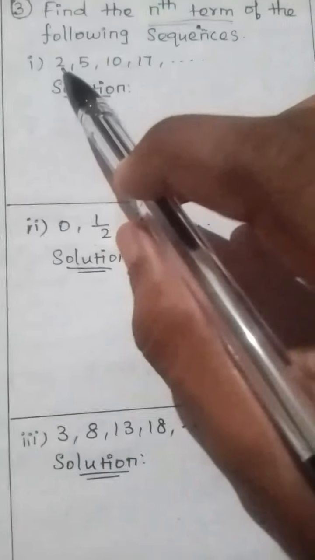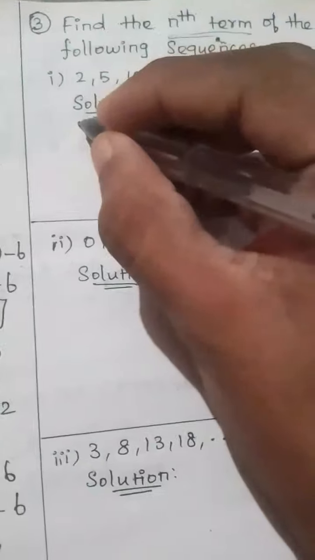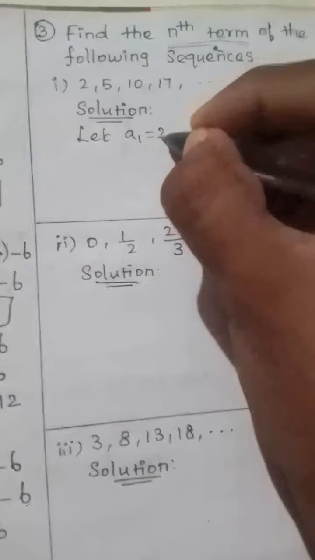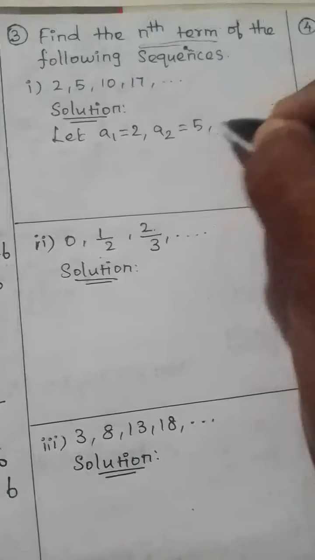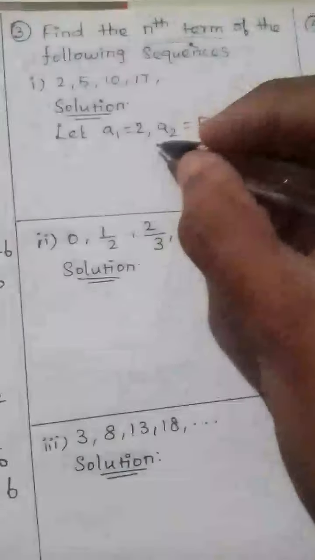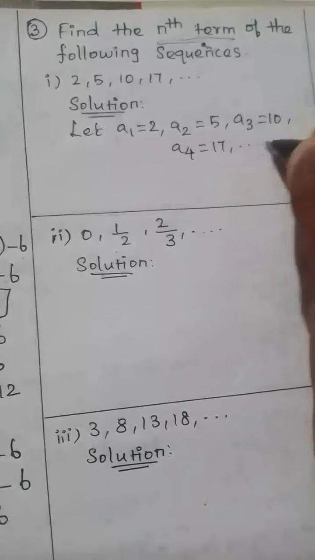So here a1, that means the first term, is 2. Let us take a1 equal to 2, a2 equal to 5, a3 equal to 10 and a4 equal to 17 and goes on.